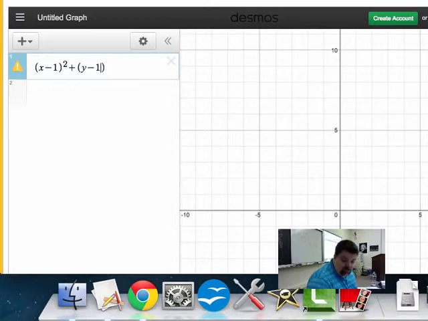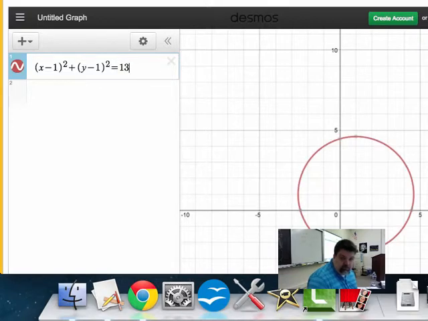The reason I'm graphing this is because the textbook wants us to find the tangent line at the point (3, 4). If you go over 3 and up 4, this point exists on the circle. Do you guys see that, (3, 4)? So they want us to find the tangent line there.